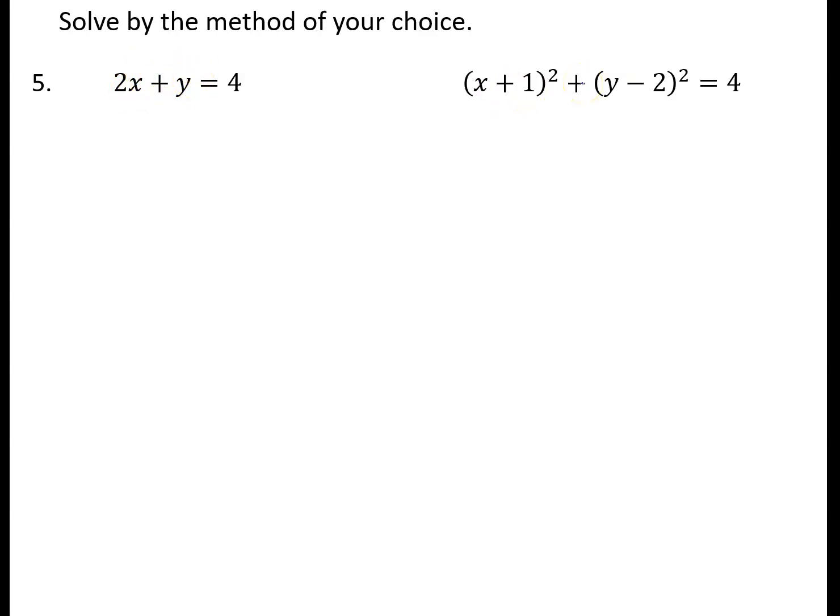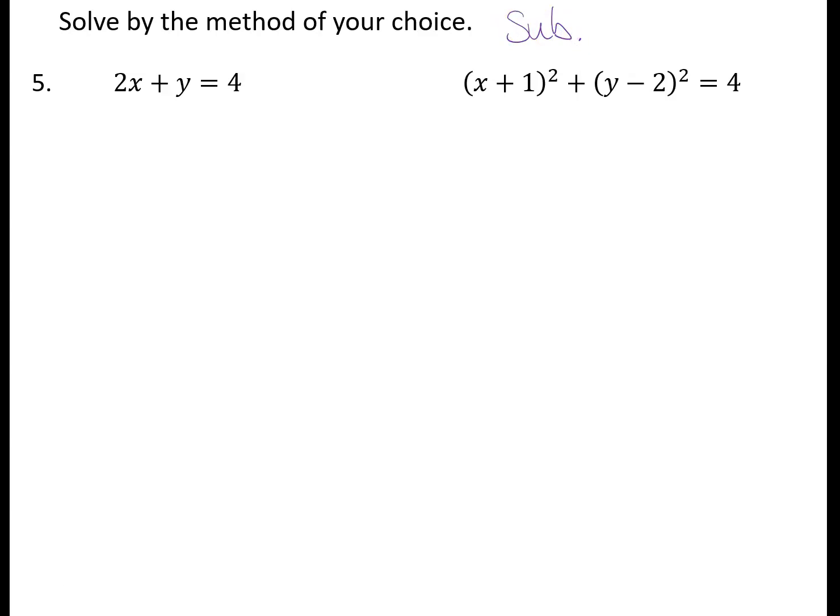Now in the second equation, I've got these expressions with x and y that are squared. So it would be really hard to eliminate one of the variables in this situation. But I do have a variable with a 1 coefficient and a 1 exponent, which means that substitution would be my choice for this particular problem.